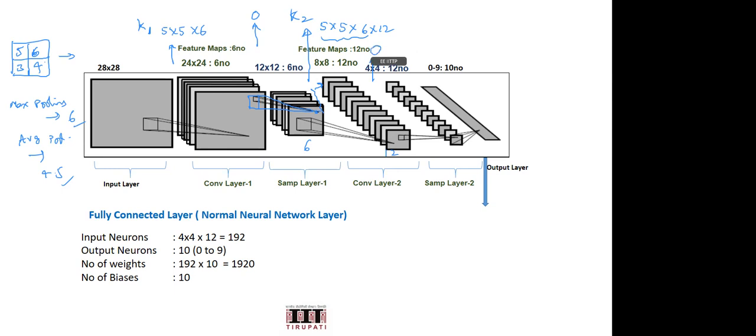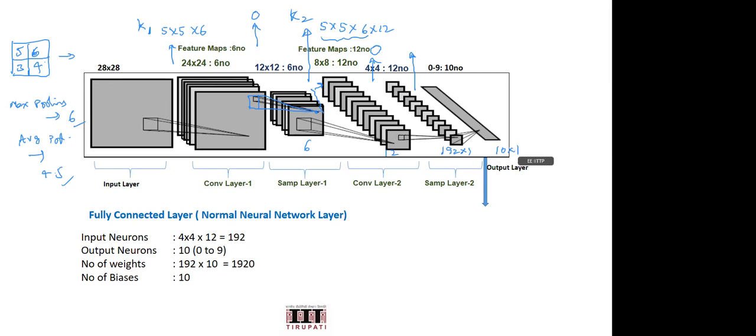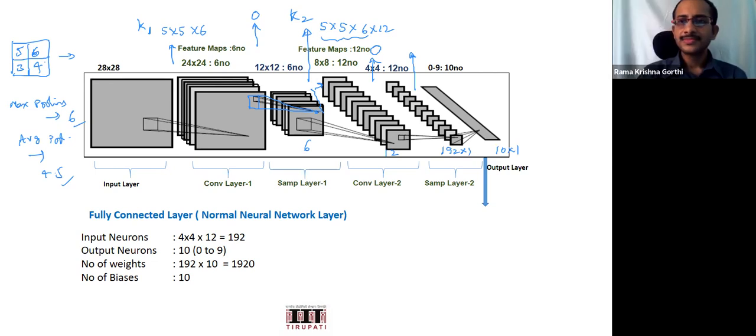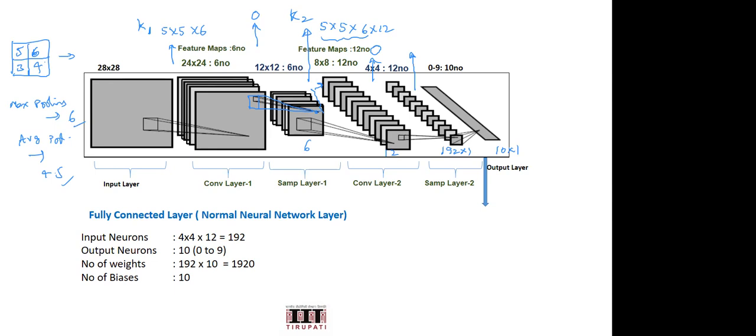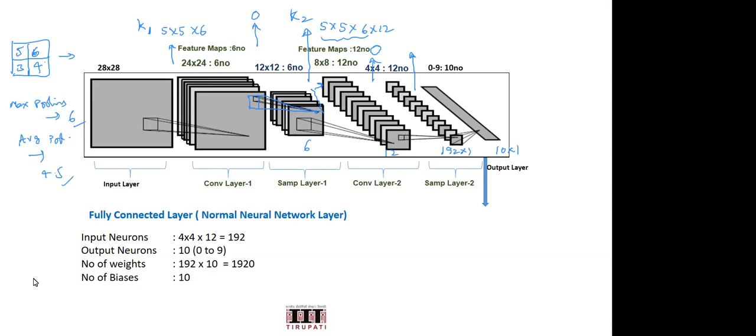No, sir. No. Here, are there any learnable parameters? The dimension of this is 192 cross 1, and the dimension of this is 10 cross 1. From here to here, are there any learnable parameters? 192 cross 10.